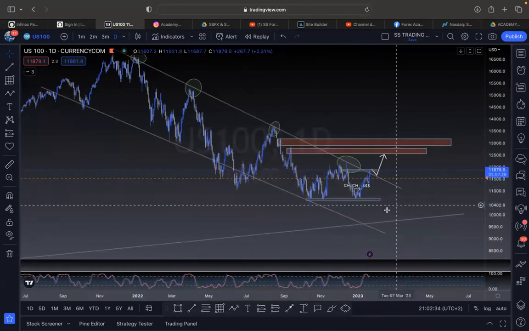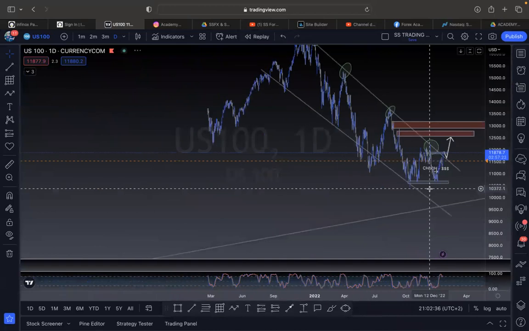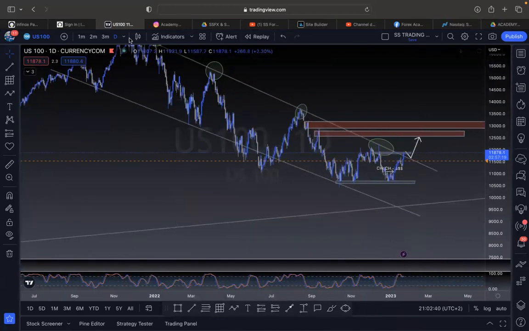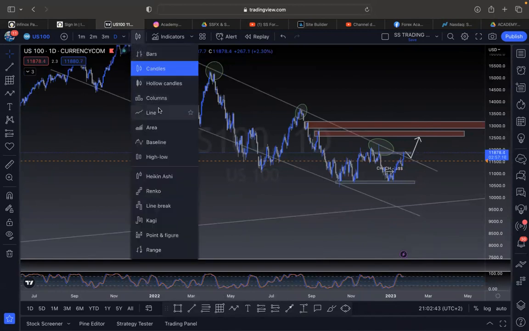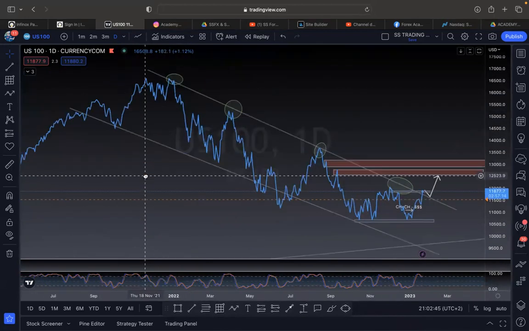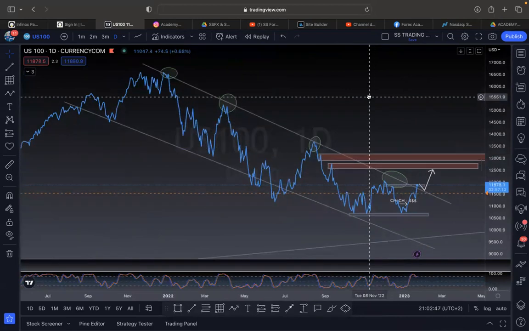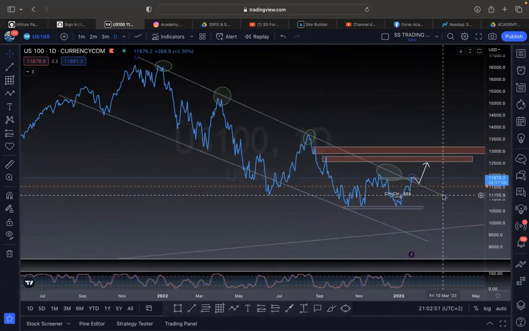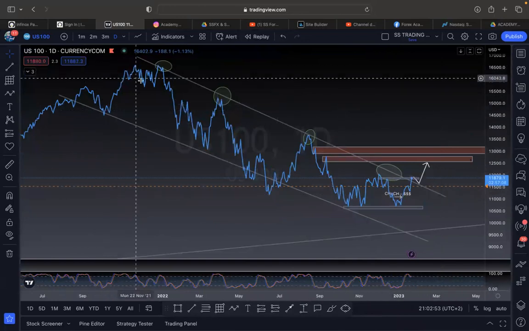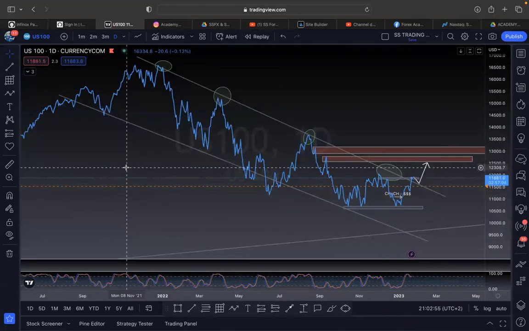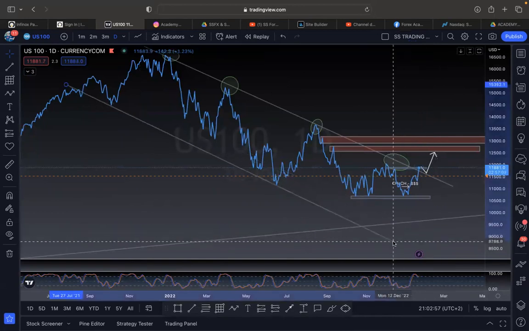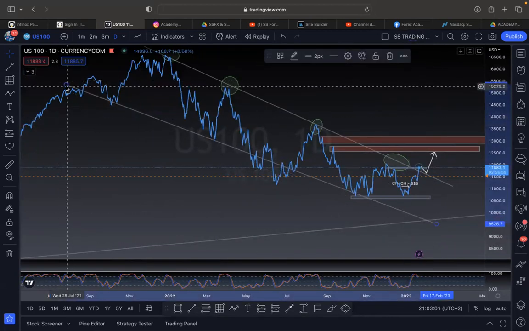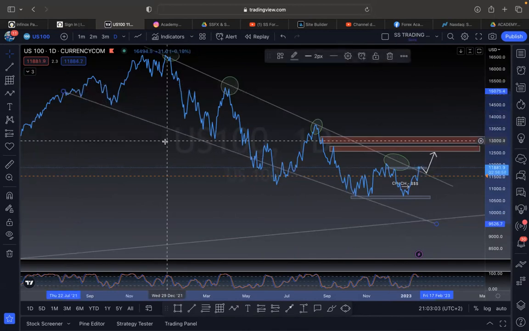The trick about trend lines is that when you're drawing one, always draw it on your line chart, not candles. You'll get a clearer view of it. Okay, now it's aligning.